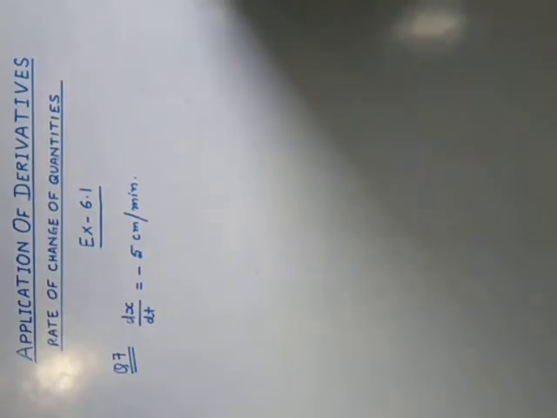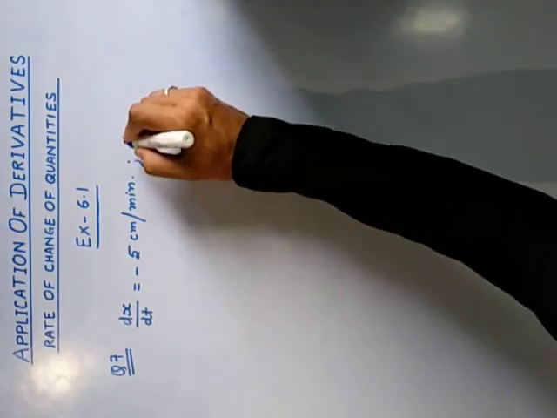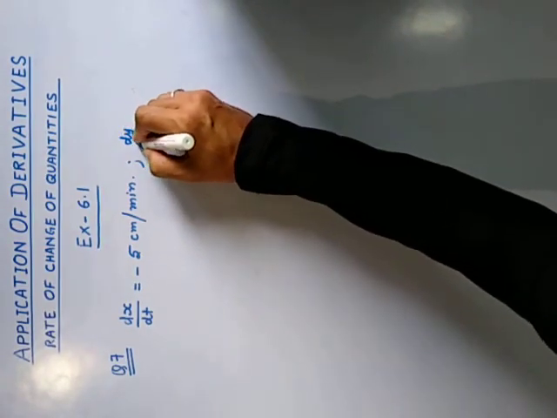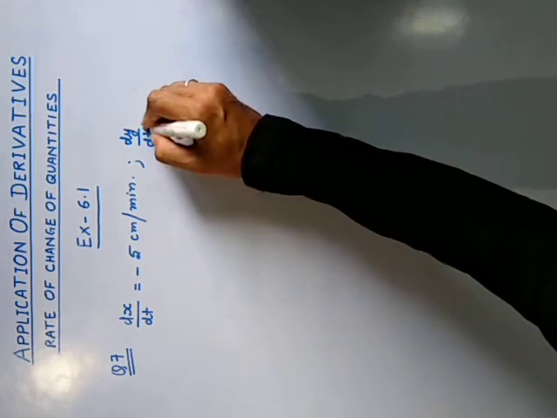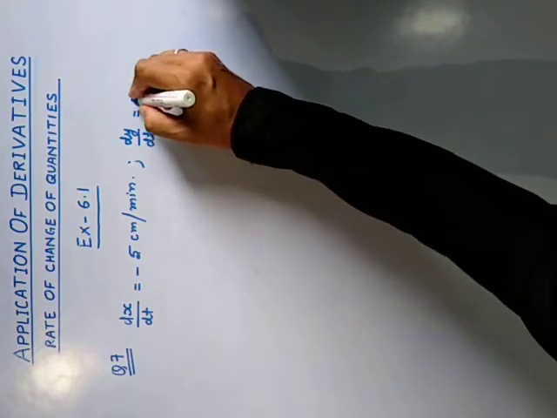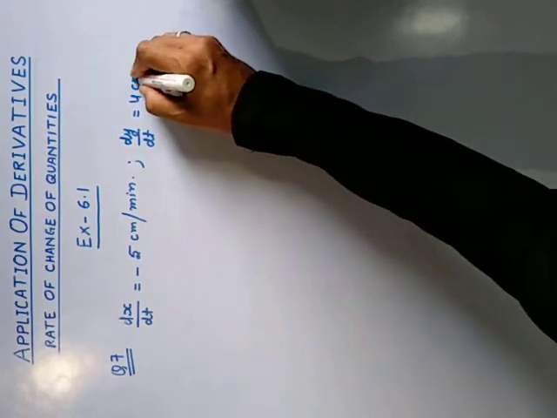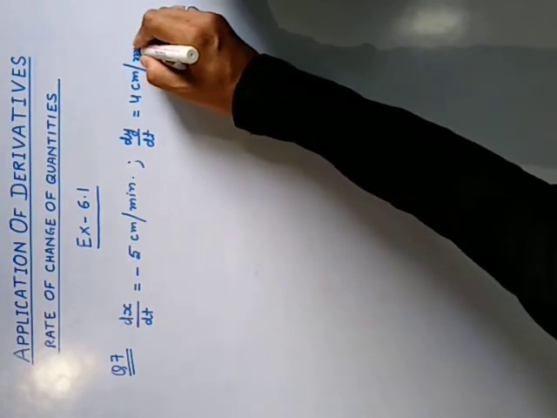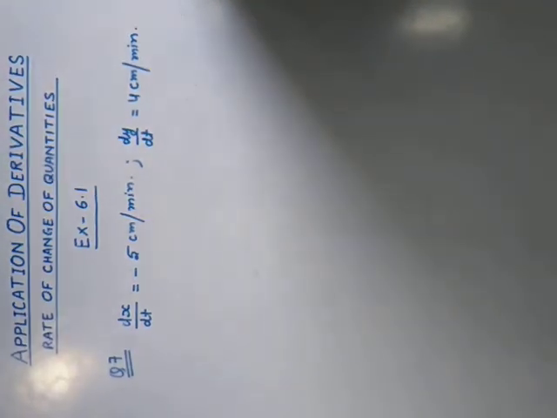And the width y is increasing at the rate of 4 centimeter per minute. So dy over dt is 4 centimeter per minute.